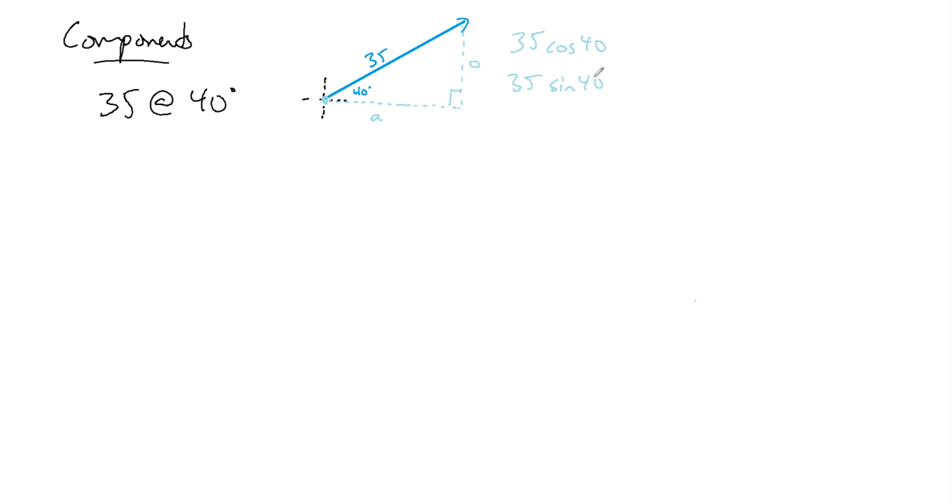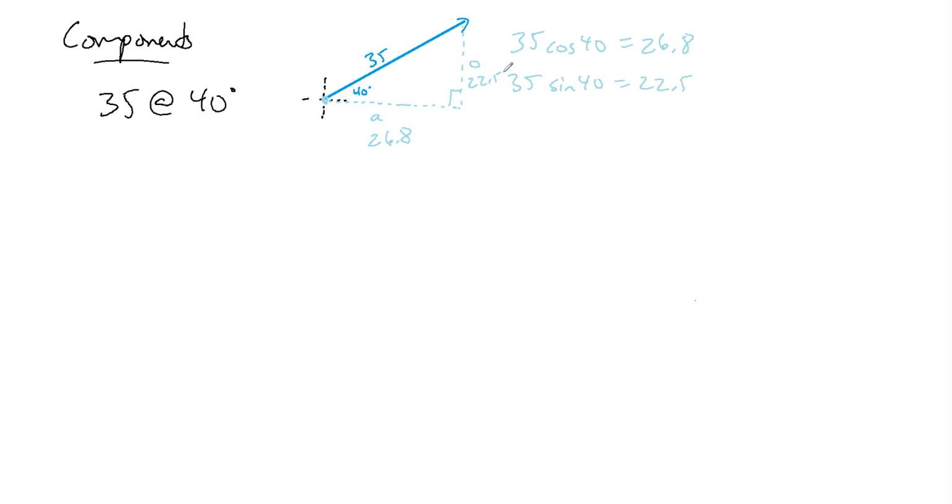Okay, so if I do my 35 cos of 40 degrees, this tells me it's 26.8. So this side over here is 26.8 long. And if I do 35 sine 40, then I've got around 22.5. So this side right here is 22.5.